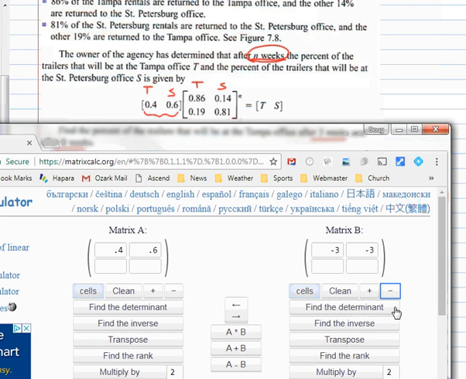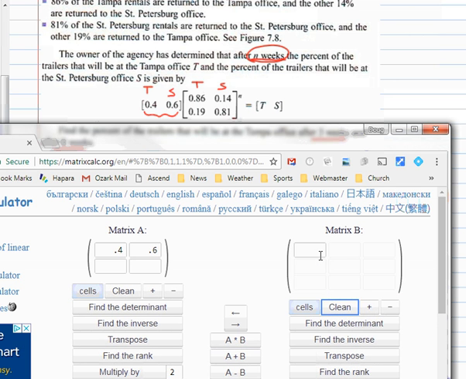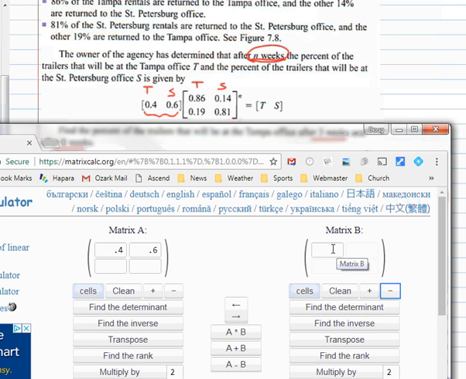There we go. My second matrix represents where they go. I don't know if you have noticed, but we have done no math by hand. It's all understanding what's happening, how to use it, but all the calculations are going to be done with this matrix calculator.